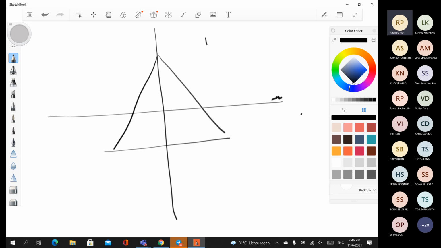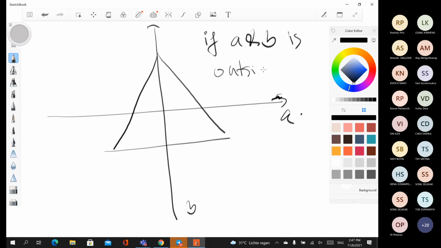If the coefficients A and B are outside the stable triangle, okay, this one is A, this one is B. So the combination of A and B is outside the stable triangle, so that coefficient can be used.